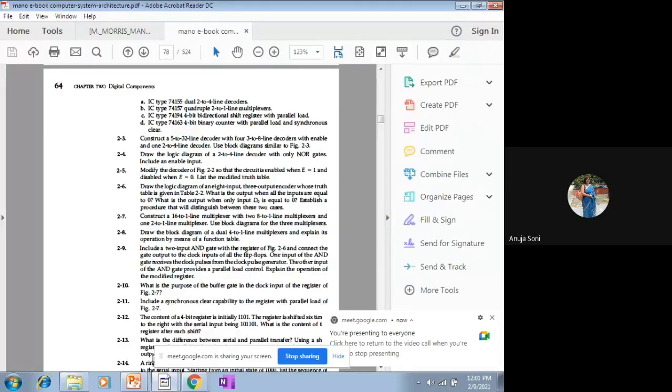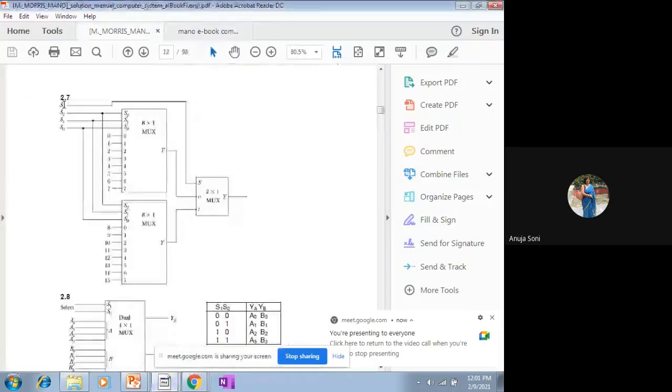That means here are the 4 select pins: S0, S1, S2, S3. This S3 is connected to the select pin of the smaller size multiplexer, and the remaining 3 are connected with the select pins of these two multiplexers. Which output value will be selected will be decided by this 2:1 multiplexer.